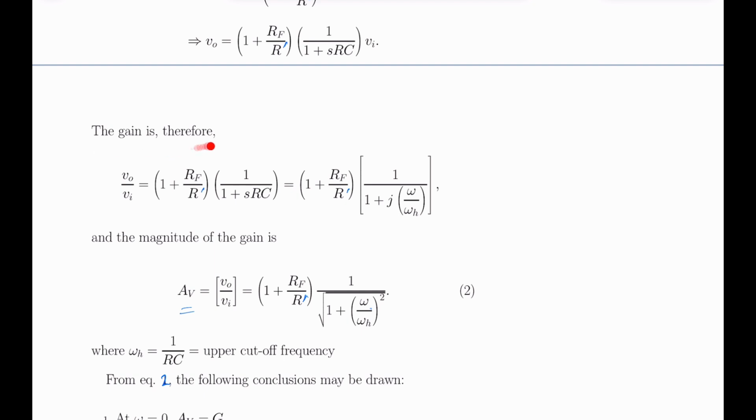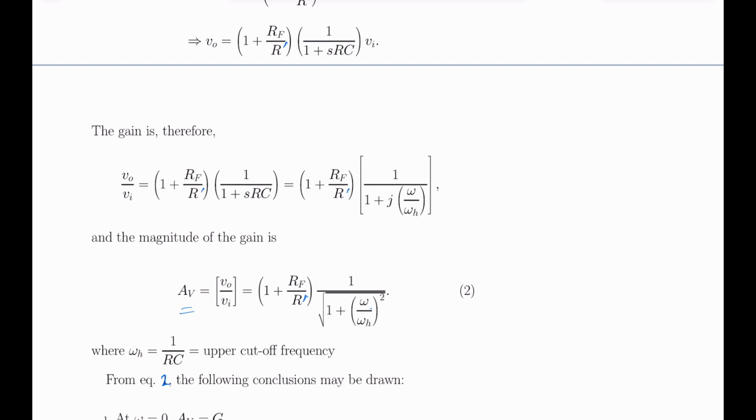This is the gain of the op amp. This follows directly from this expression. Bring Vi here, so V0 upon Vi is equal to 1 plus Rf by R dash into 1 upon 1 plus SRC.